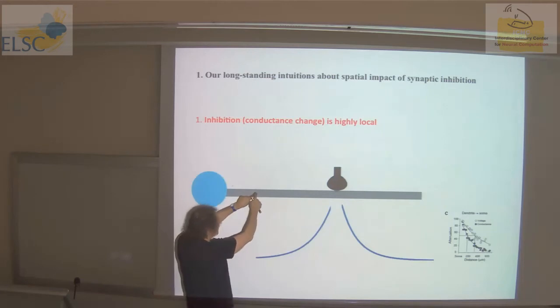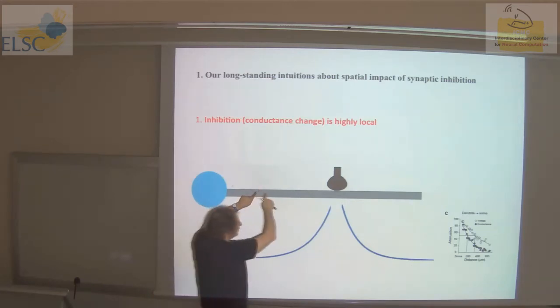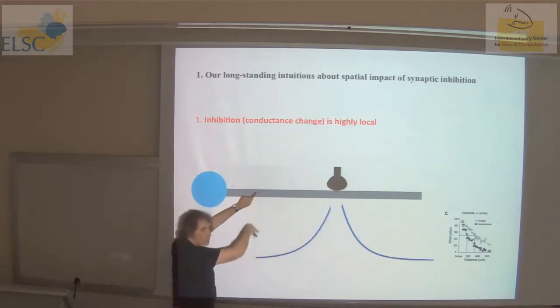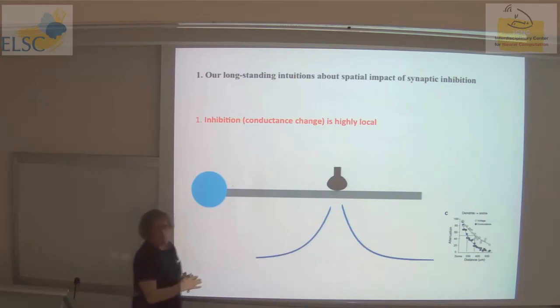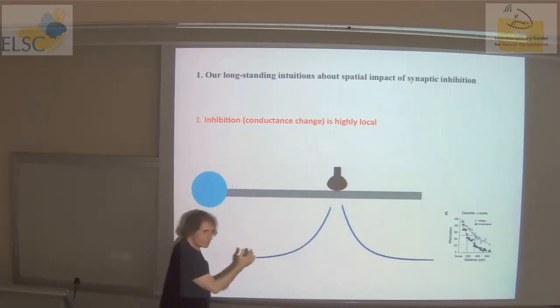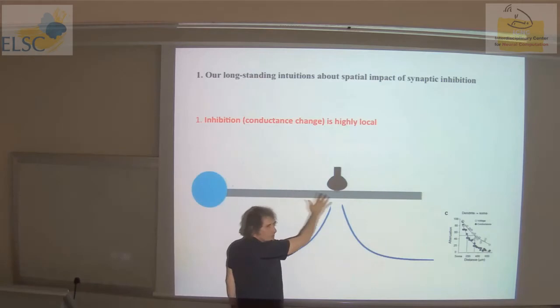Just because you inject current here, and this current goes there, and it's being shunted a little bit by the new conductance change, you will feel a drop in voltage. It's a local conductance change. It's not that the conductance spreads, but the conductance affects other sources that are not necessarily near it.